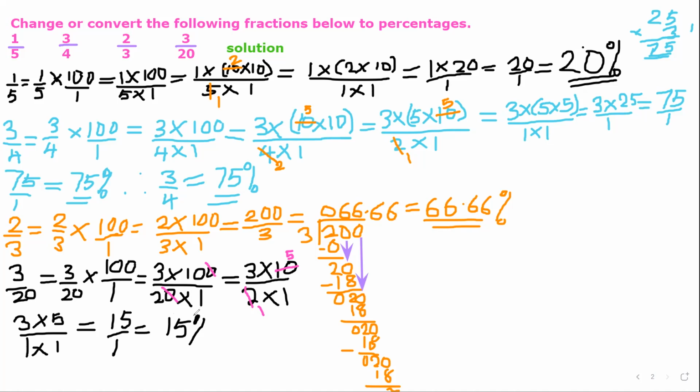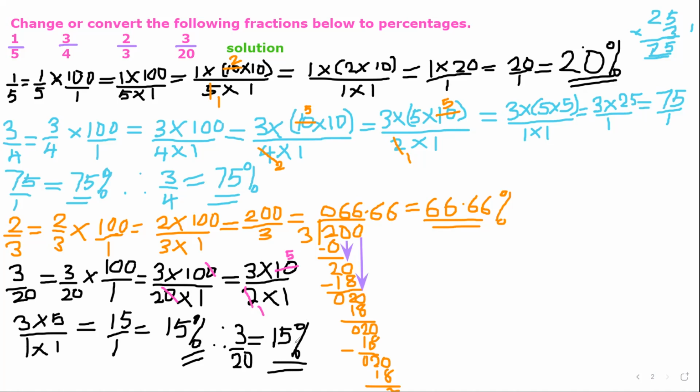Okay, 15%. And 15% here is the same as 3 out of 20. Okay, therefore, when you change 3 out of 20, you get what? 15%. Okay, 15%. Good.